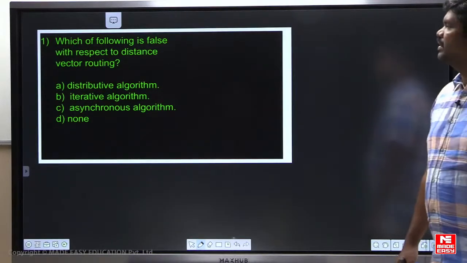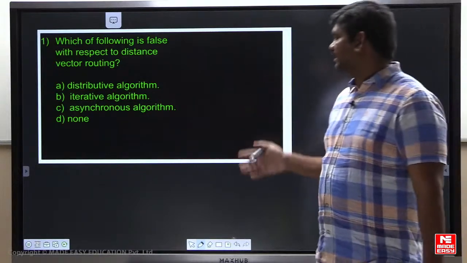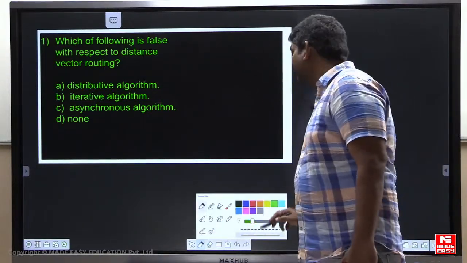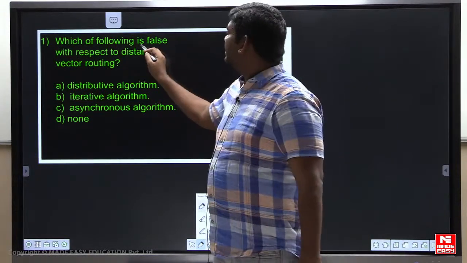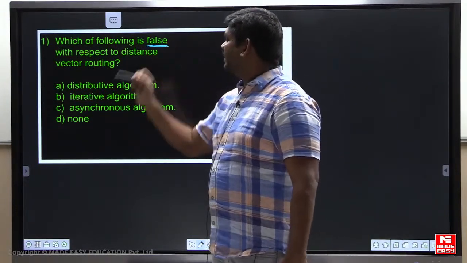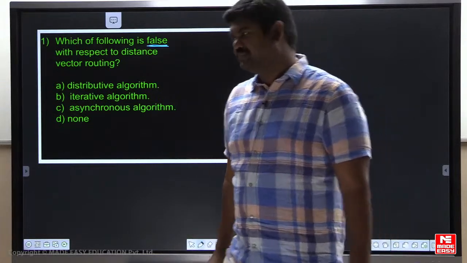Okay, so try this question. They are asking regarding the distance vector routing, and they are asking which are the false statements. Remember this one. If they ask with a little twisting, they can ask for a false statement. Try this one.